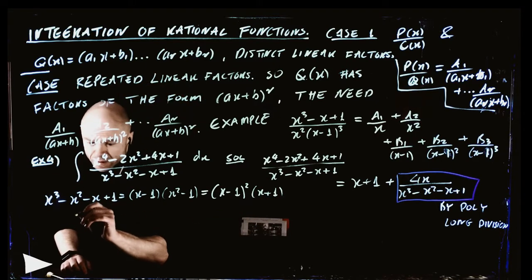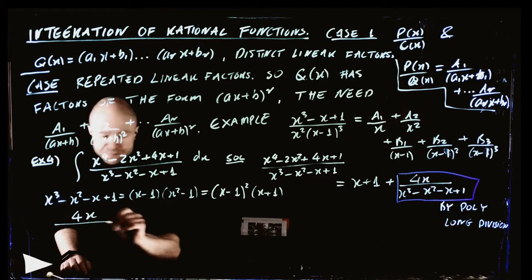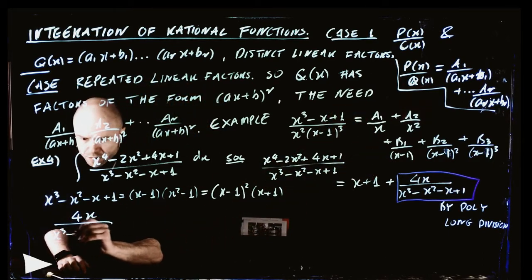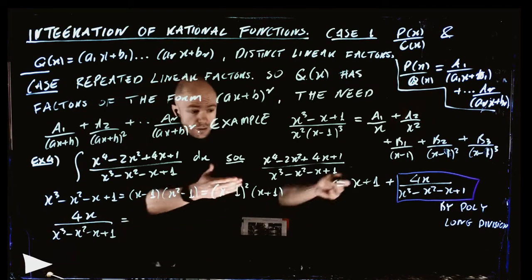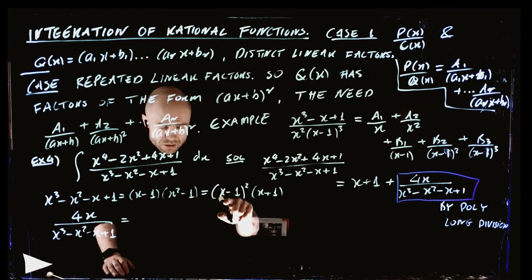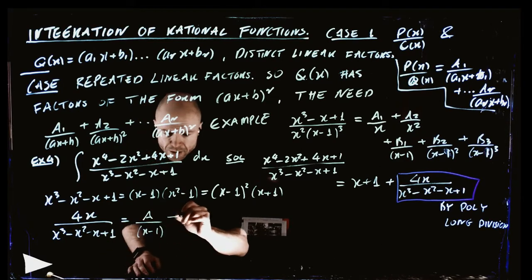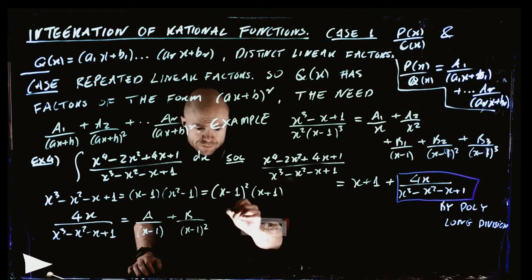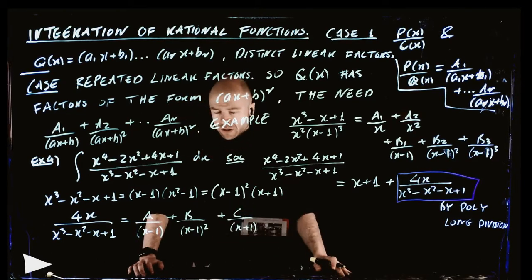So by this algebraic fact, this fraction, 4x over x cubed minus x squared minus x plus 1, is in the form with repeated factors. So this is the repeated one, so we're going to write A over x minus 1, and let's put B over x minus 1 squared, and then C over x plus 1.